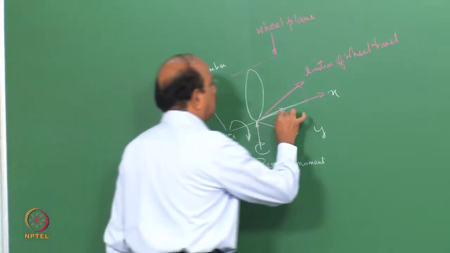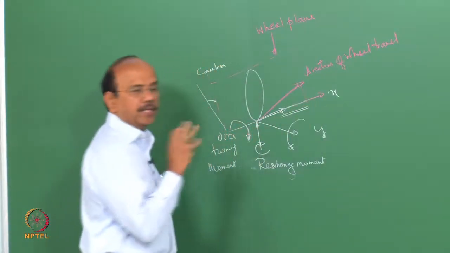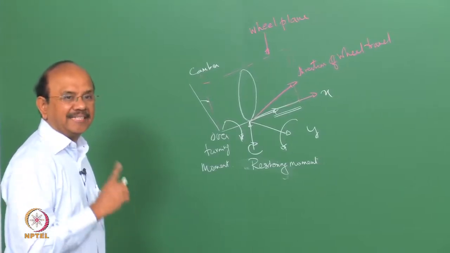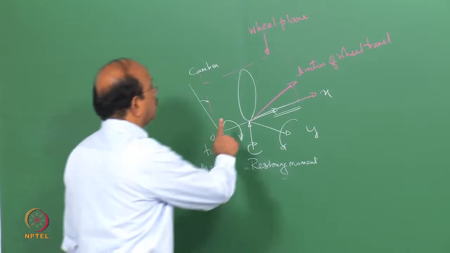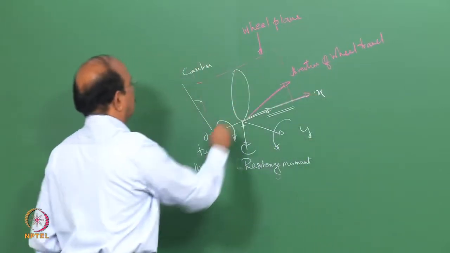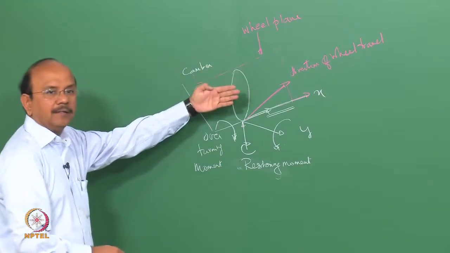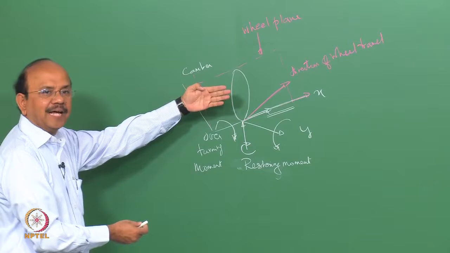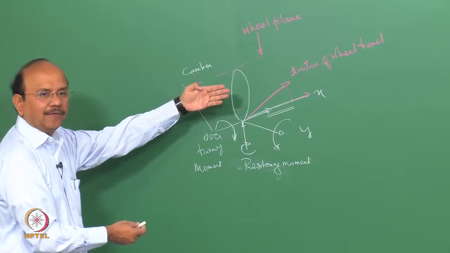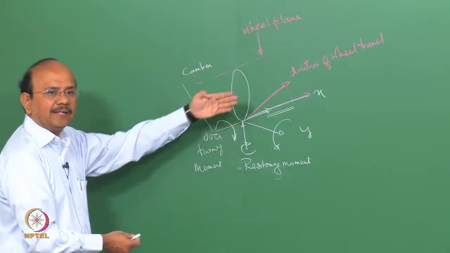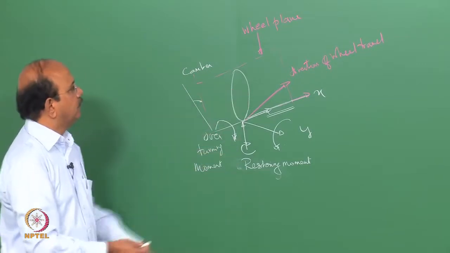There is a longitudinal force, which is in the x direction, but that force is exactly not along the wheel plane. Suppose this is the wheel plane, then you would see that the direction of rolling or the travel of the tire is not exactly along that direction, but is at an angle.